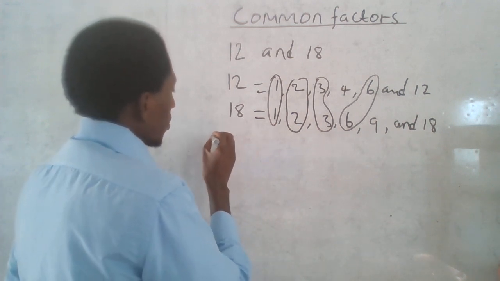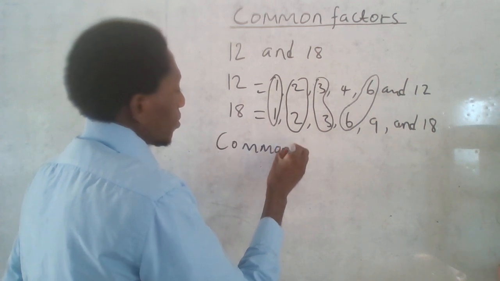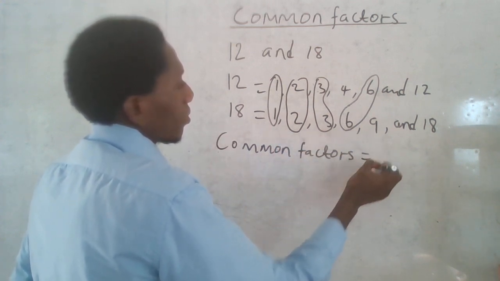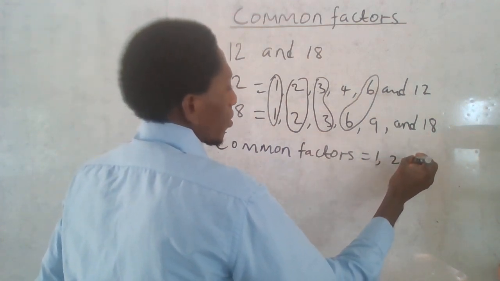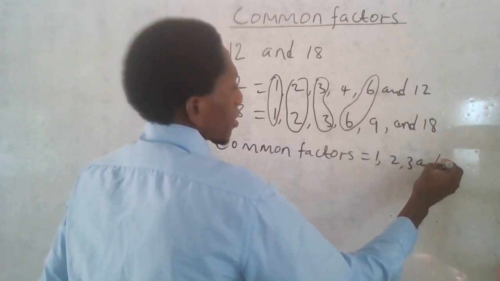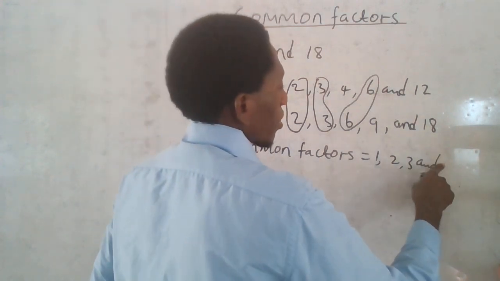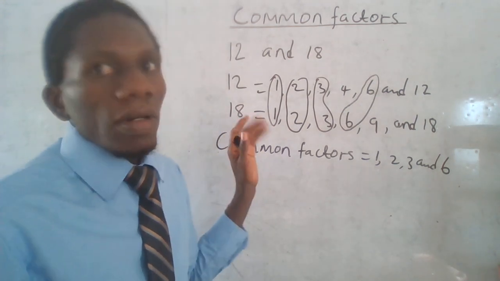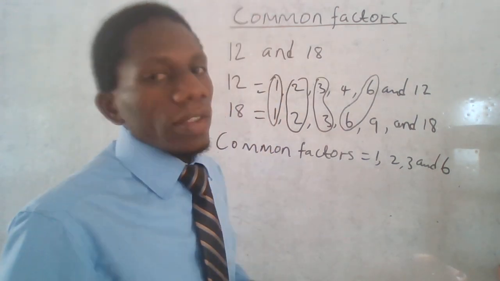So here, the common factors among them, there's 1, 2, 3, and 6. 1, 2, 3, and 6 are the common factors of 18 and 12.